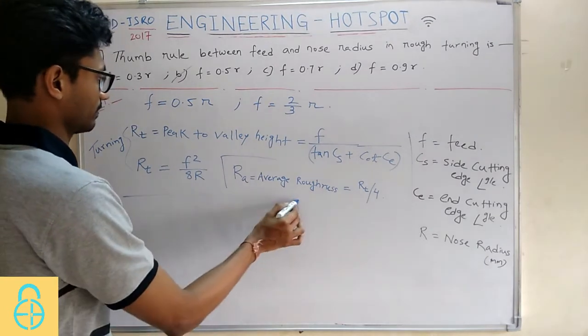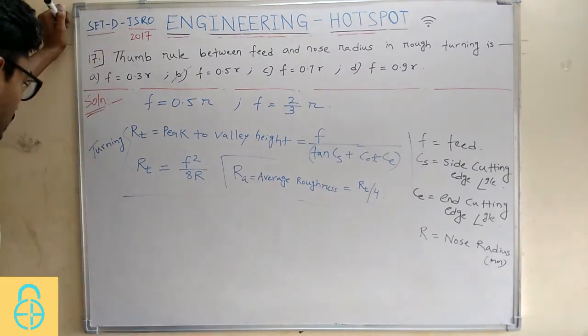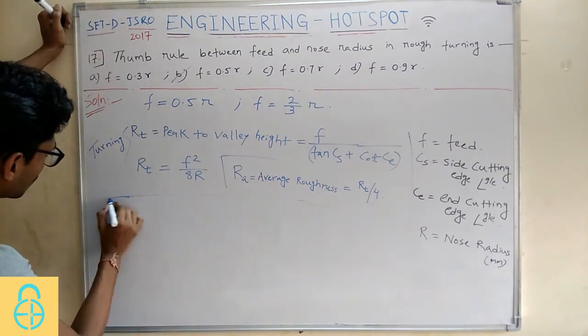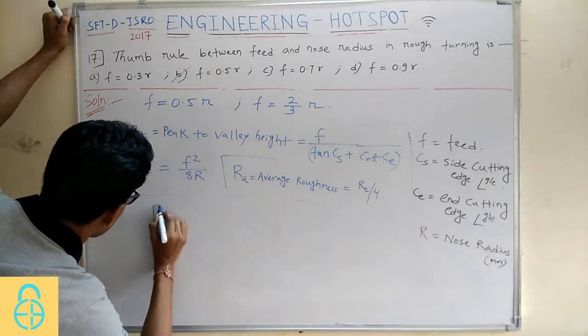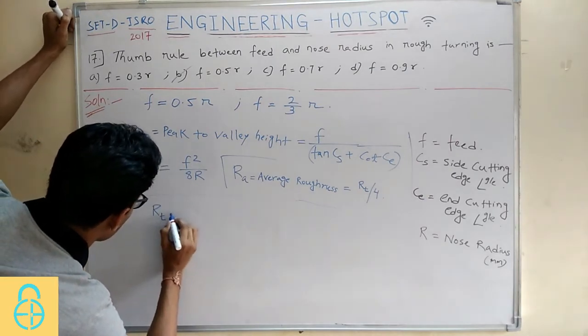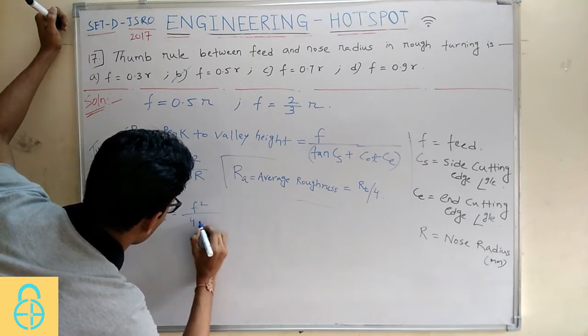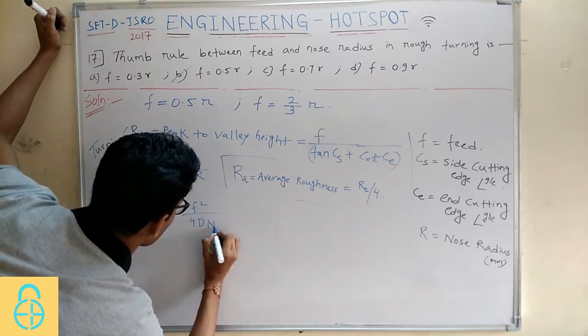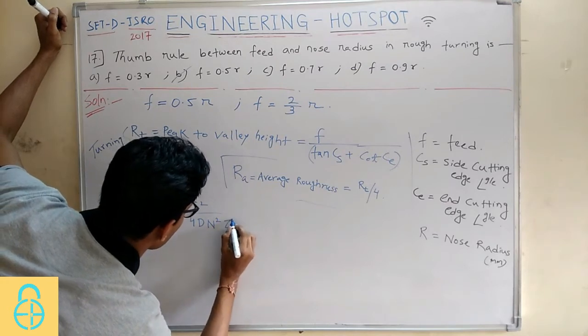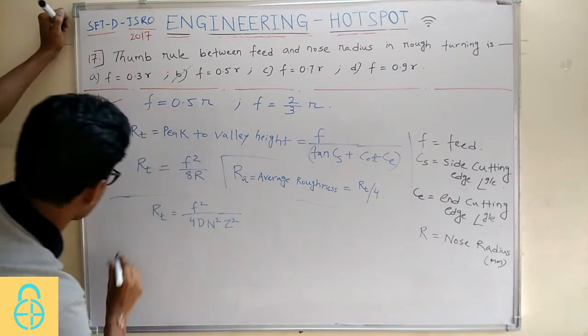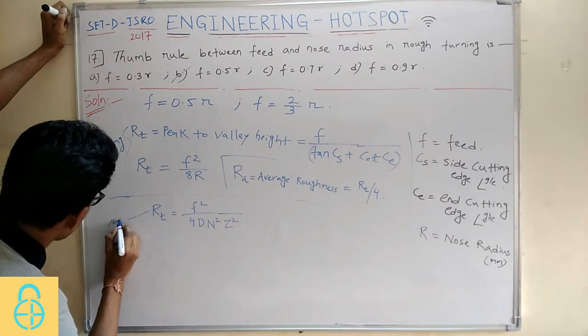This is for turning operation. There is one more case in milling operation also. In milling, this RT is given by F square upon 4 D N square Z square. This is for milling operation.